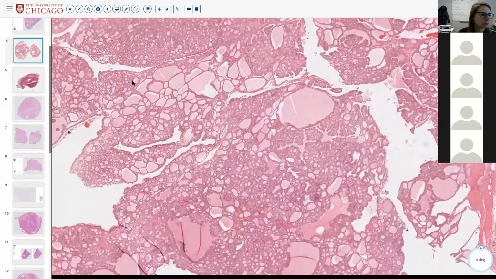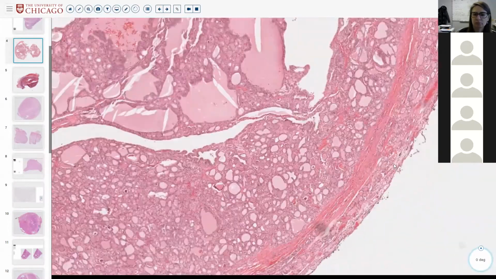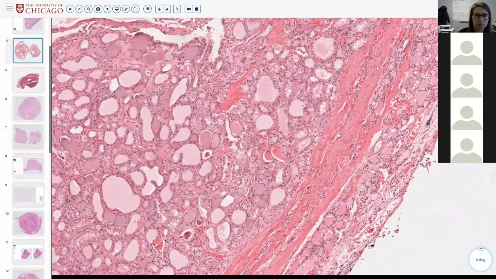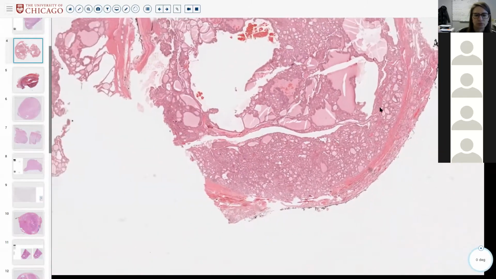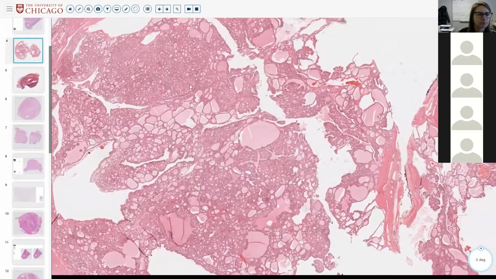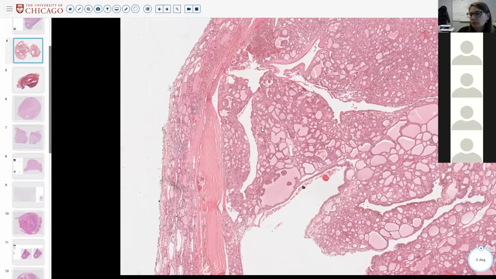Because we have that scrap of normal thyroid, it looks like we have some sort of capsule. It's got a ton of microfollicular areas too. So looking at the capsule here, I don't know if I see anything invasive, but this is just one portion of however large this nodule is. Right. So I will say follicular adenoma pending remainder of capsule.